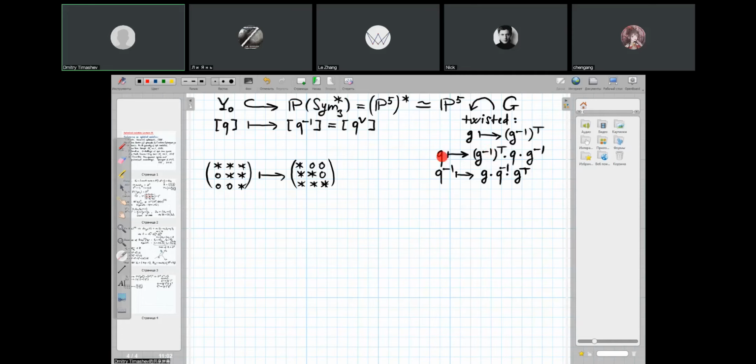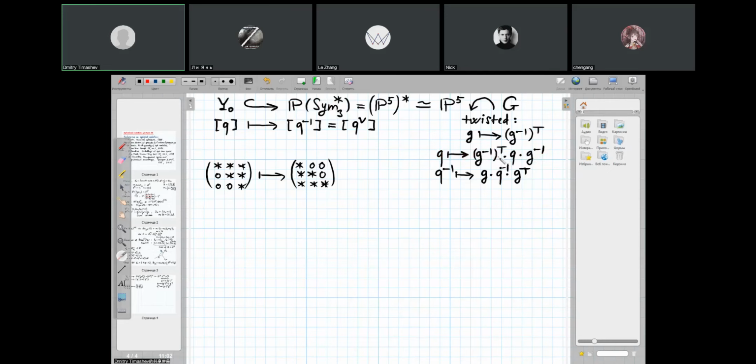And this is how the matrix of this quadratic form transforms under the action of G on this projective plane, or on the overlying vector space of dimension 3. And if you take the dual vector space, this will be the symmetric square of the initial vector space, not of its dual.